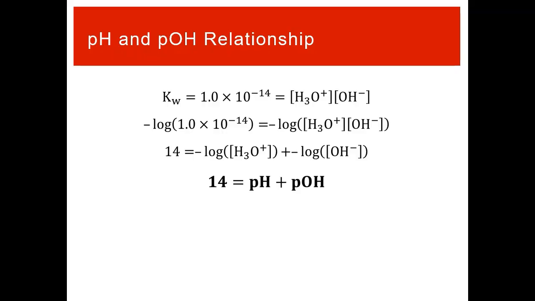If you take the Kw expression, you can do some algebra, you can use some logarithm rules, and you can actually come up with a relationship that 14 is equal to pH plus pOH. So this would be true for any solution, that the pH plus the pOH of that solution, those two values have to combine to be 14. So you can use that. You can see that from the fact that things that are acidic have really low pHs and really high pOHs.